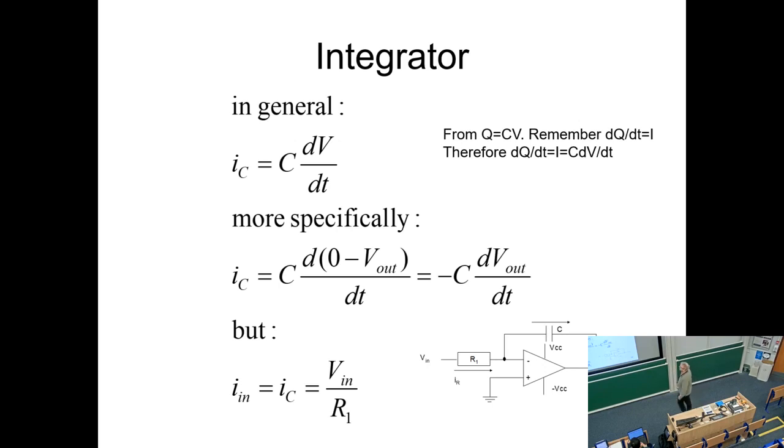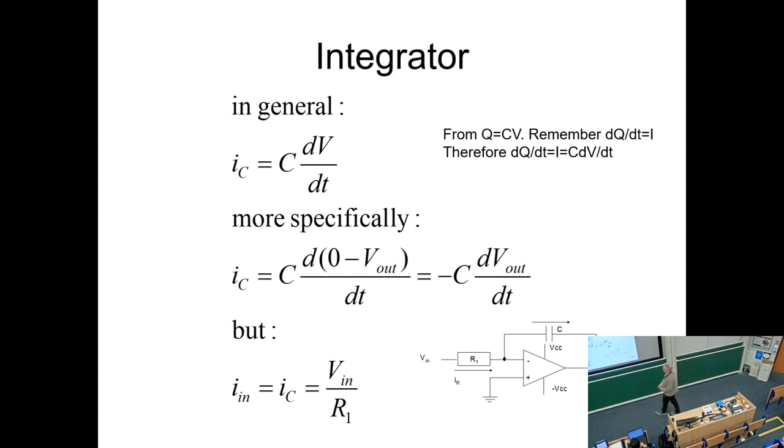But more specifically then, IC, capacitor current, is equal to C times the difference in voltage between the input and output, dV by dt. So we've got 0 at one end, because we're assuming a virtual ground, and then we've got minus V out at this end, because if this is 0 and we've got the current coming in this way, this has to be a negative current. Standard way of approaching a virtual ground analysis of an op-amp.